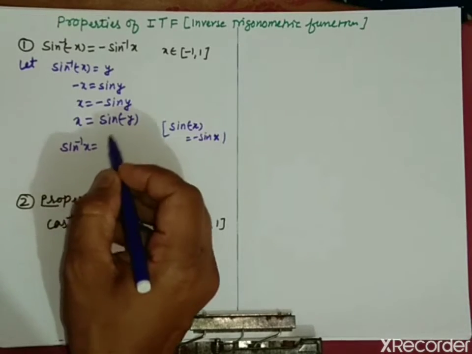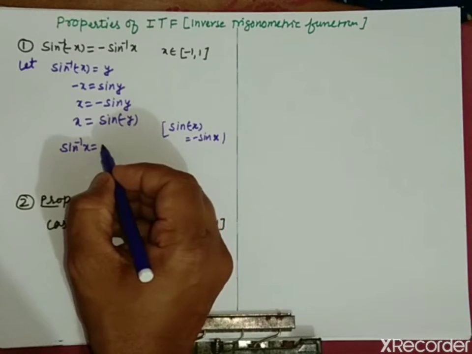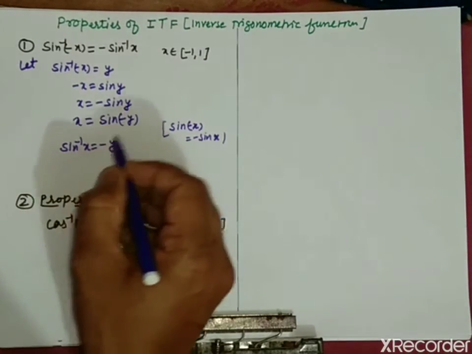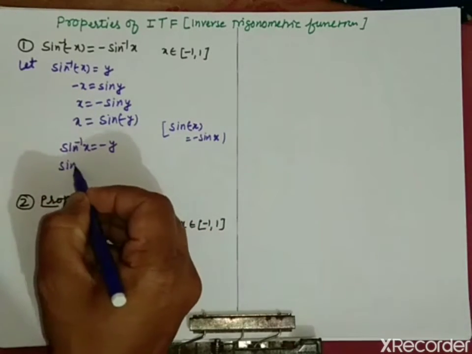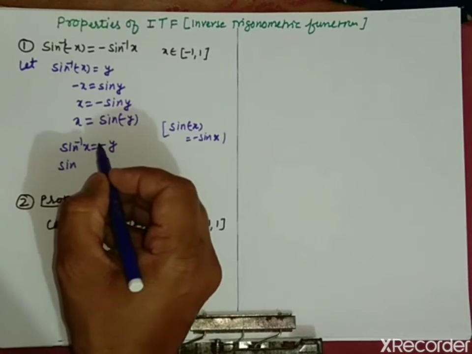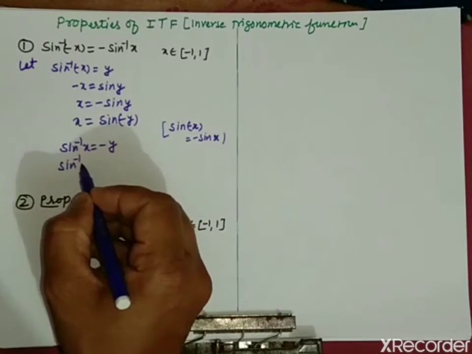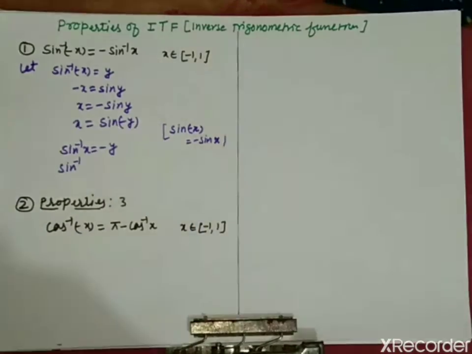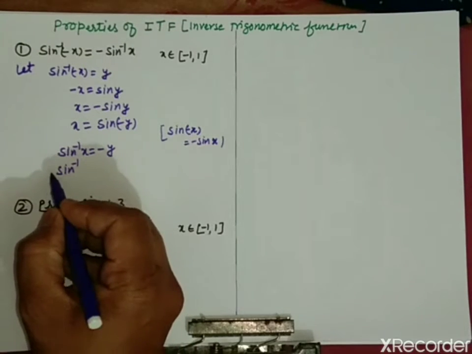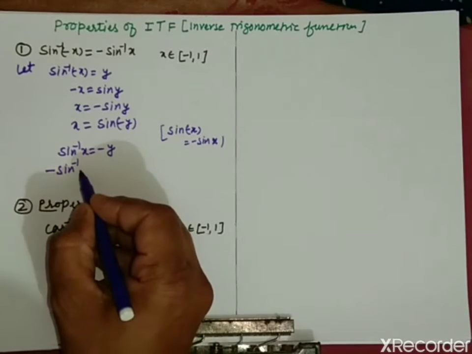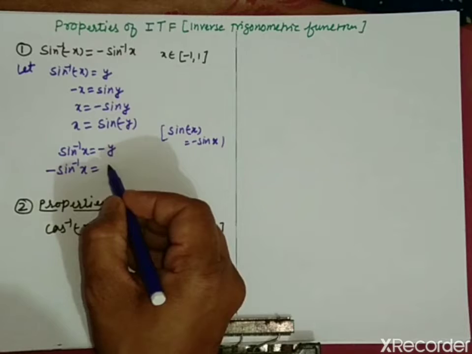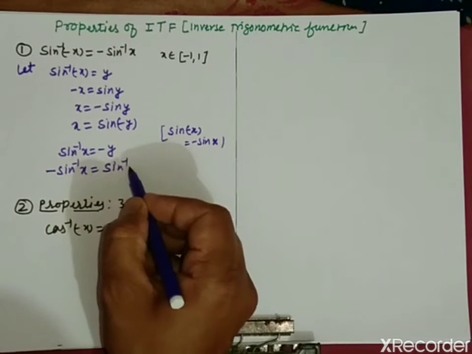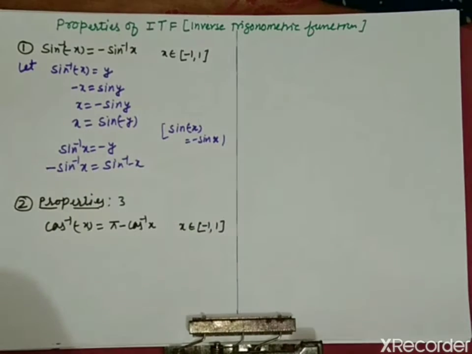Okay, now further it can be written as sine inverse x is equal to minus y, and you know that y is equal to sine inverse minus x. If minus is shifted over there, then it can be written as minus sine inverse x is equal to sine inverse minus x. Clear?